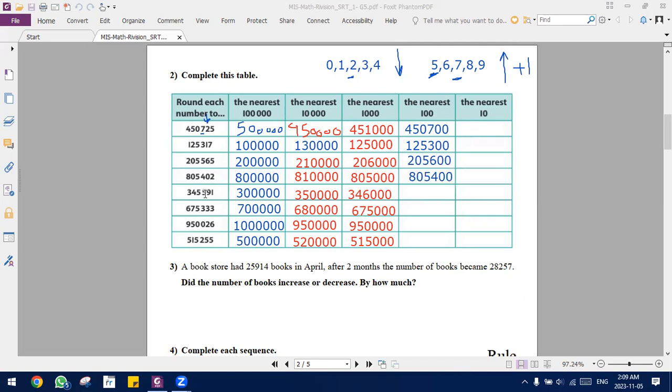Then 519 will be 600. 333 will be 300. 26, so this one will cancel, will be 0. So again for 950. Last one, 255 will be 300.